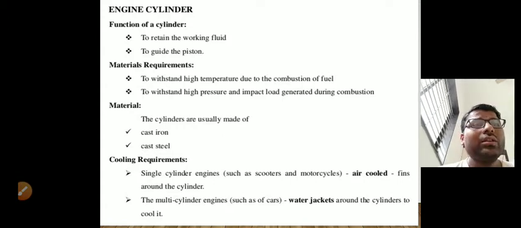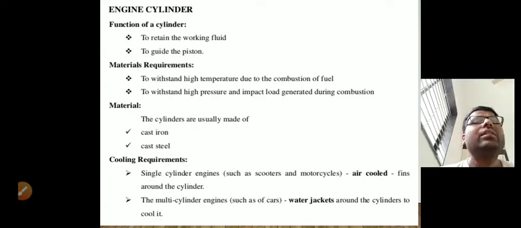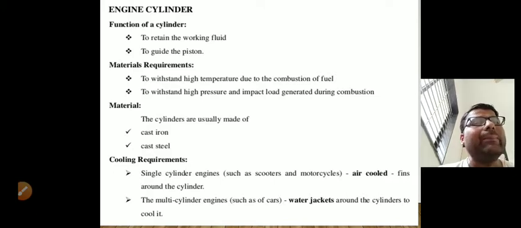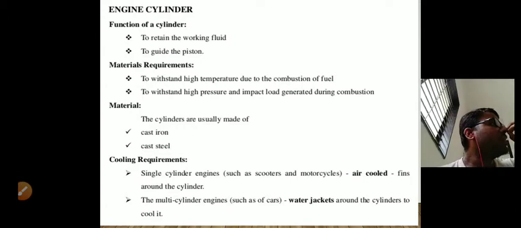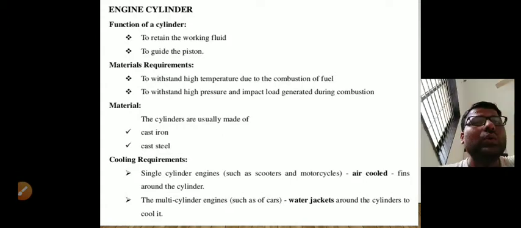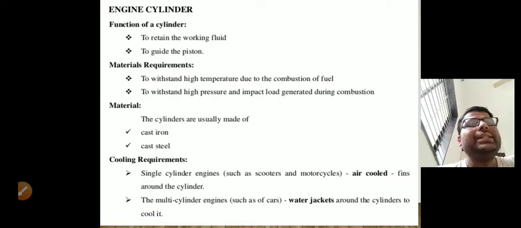So the second requirement to select the material is to withstand high pressure and impact load generated during the combustion. Now, which materials are used to make an engine cylinder? The first is cast iron and the second is cast steel.